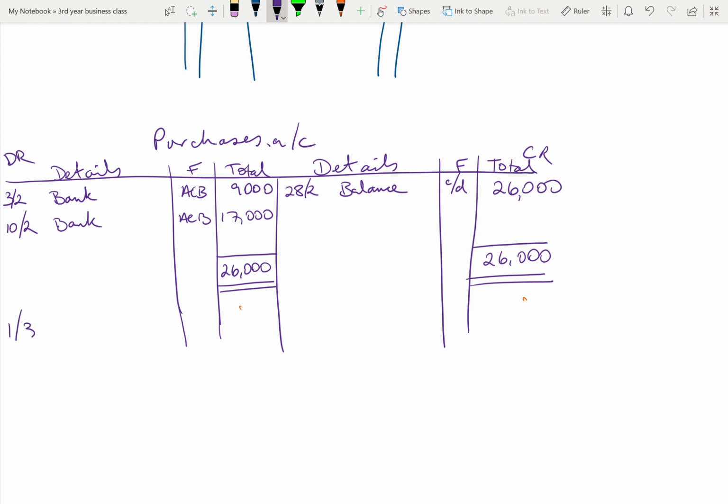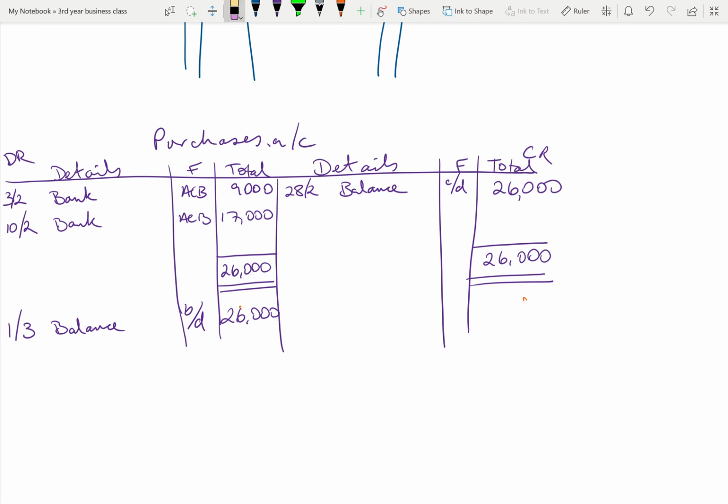So on the 1st of March, we're going to have the balance brought down, and it's going to be €26,000. And that's our account balanced. When it comes to doing our trial balance, we're going to be using this figure here. That's the figure that's going to go to the trial balance.